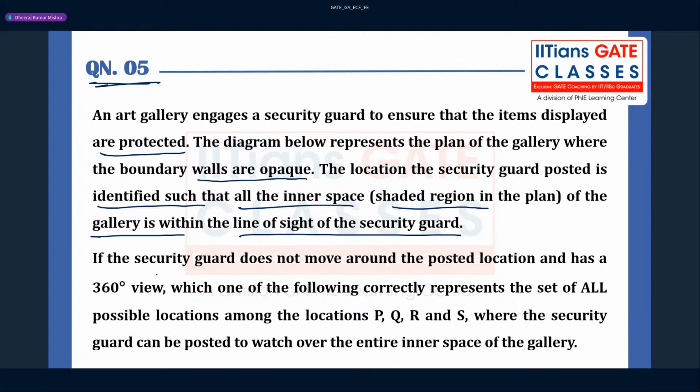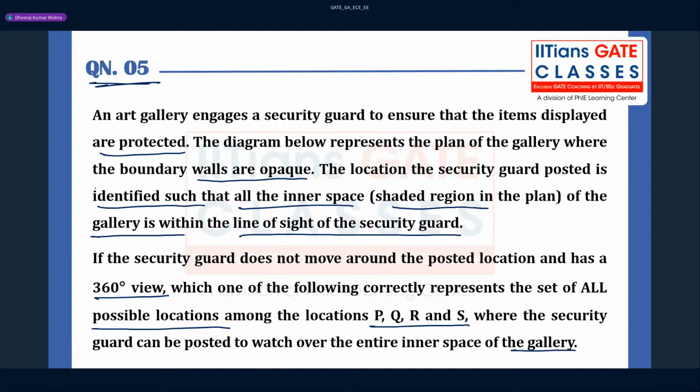If the security guard does not move around the posted location and has a 360 view, which one of the following correctly represents the set of all possible locations among the locations P, Q, R, S where the security guard can be posted to watch over the entire inner space of the gallery, right?